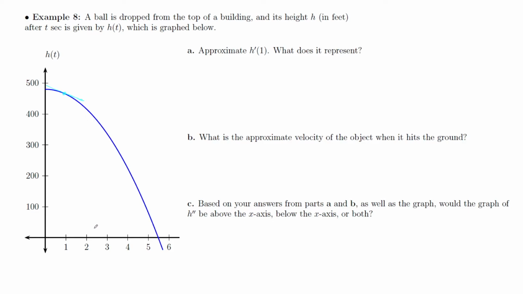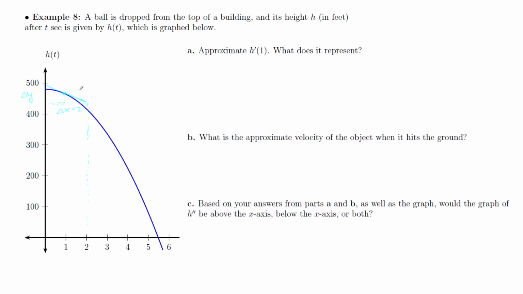Then we look at what our change in x is and what our change in y is for this line we've made. My change in x here is about 2. And my change in y, well, it's negative, right?